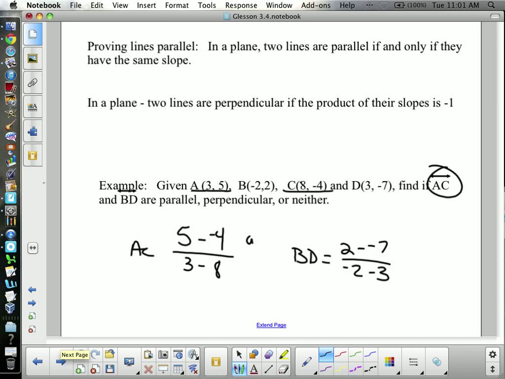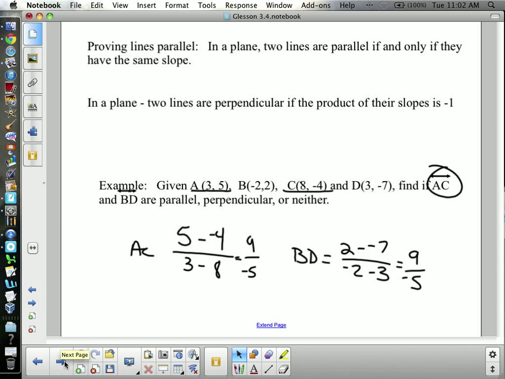So this one I got 9 over negative 5, and this one I get 9 over negative 5. What can I tell about those two lines? They are parallel, same slope. Those two lines are parallel because they have the same slope.